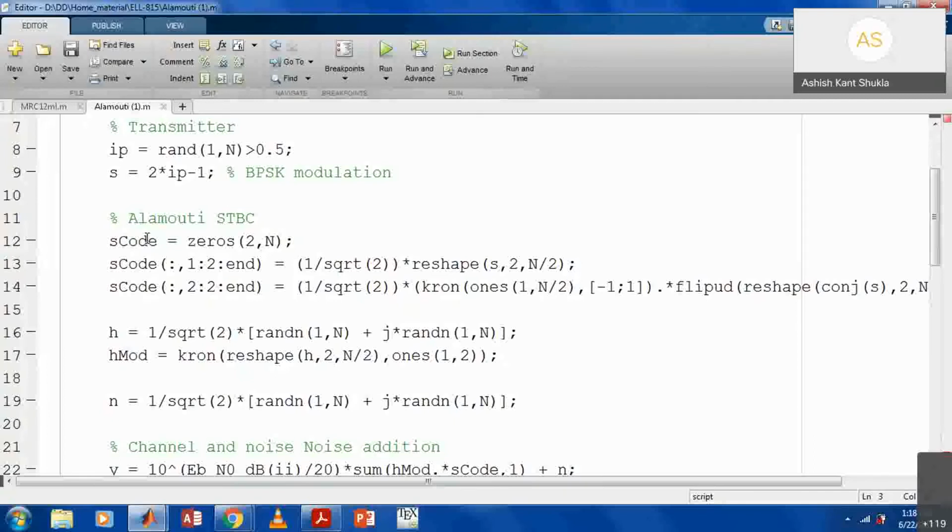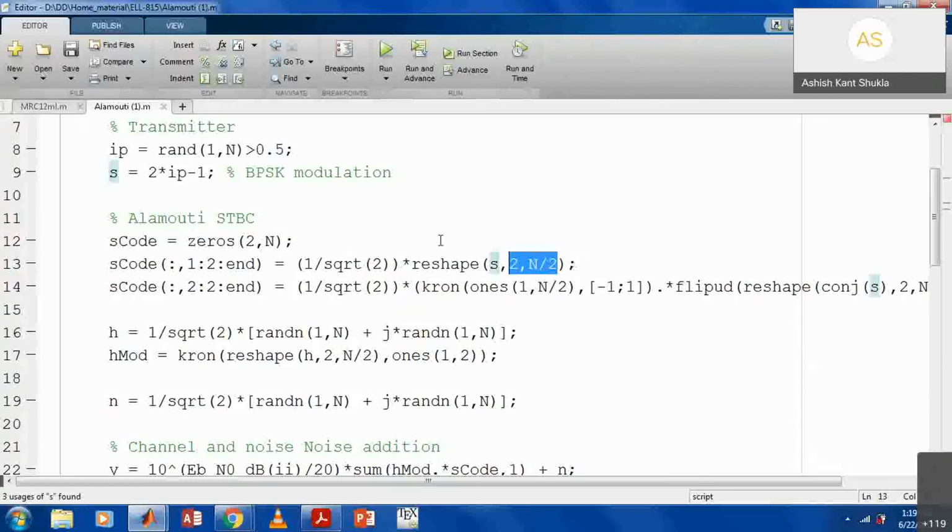The odd columns of our matrix, that is 1, 3, 5 and so on, let's assume we have 100 columns, so we are filling up to 99. We are using this command to fill the odd elements. And what is this reshape command doing? This reshape command is reshaping this S matrix to 2 cross n by 2.